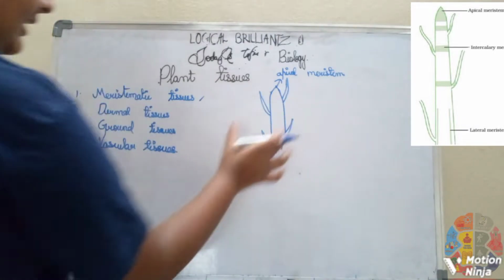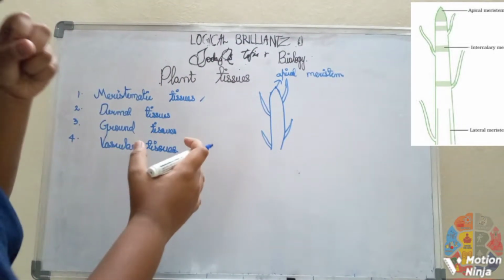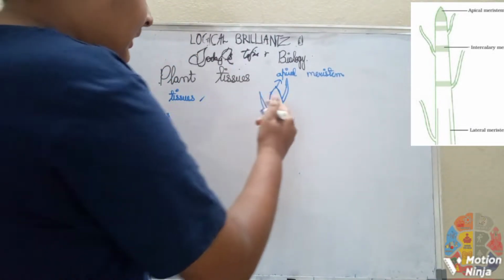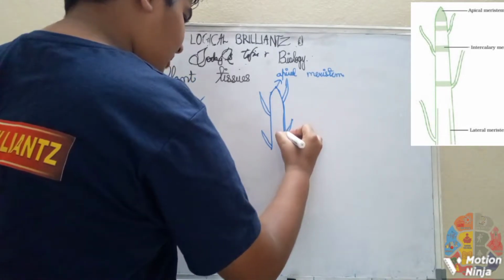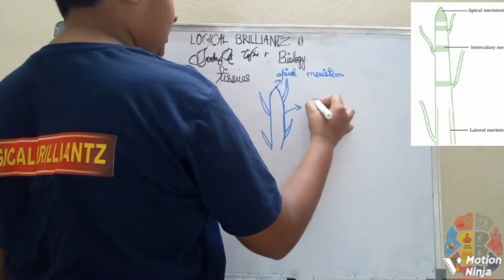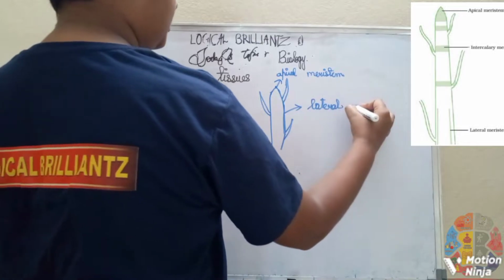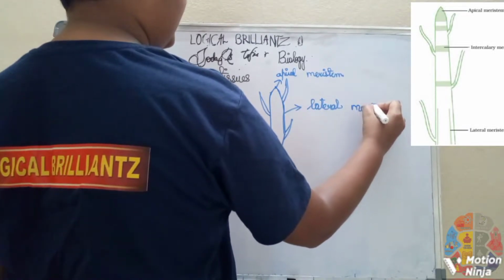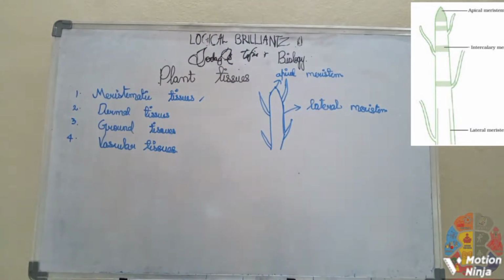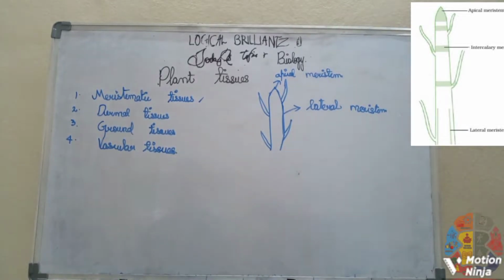And in the sideways, in the edges of these plant cells, in a lateral manner, some tissues will be there, and those types of tissues are called lateral meristematic tissues, which is also called lateral meristem. Apical meristem, lateral meristem, and intercalary meristem.